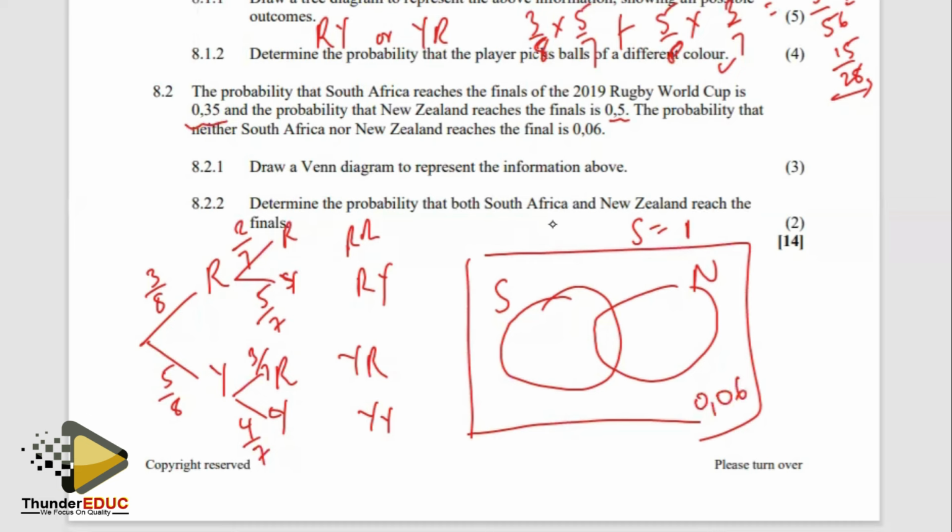So the probability that South Africa reaches the final is 0.35. Probability New Zealand reaches is 0.5. And then neither.